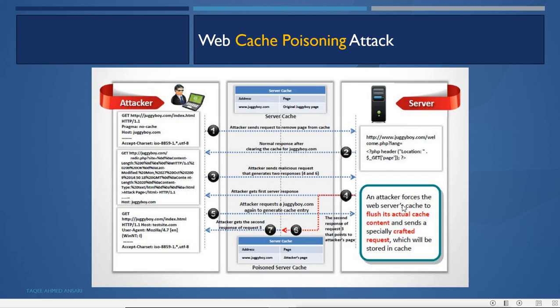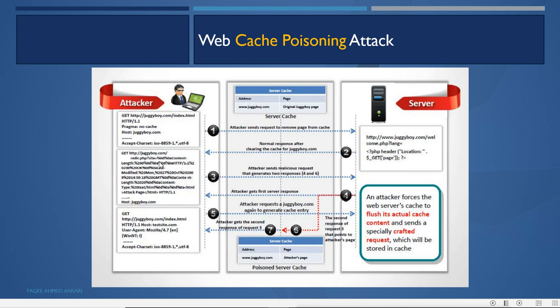So what is the attacker doing? It is sending a request to the server to remove the page from the cache, that is this page. The server cache holds the address and the page, so this is the address and this is the original page. Then the normal response after clearing the cache for Juggy Boy goes like this to the attacker machine.